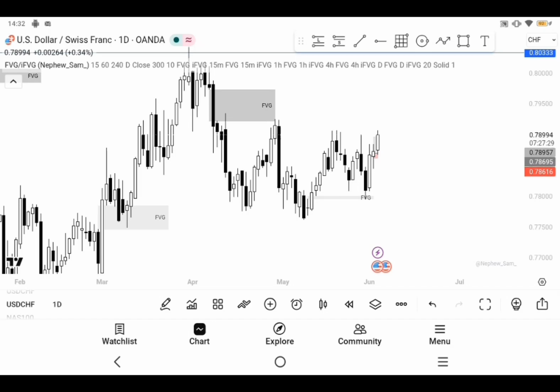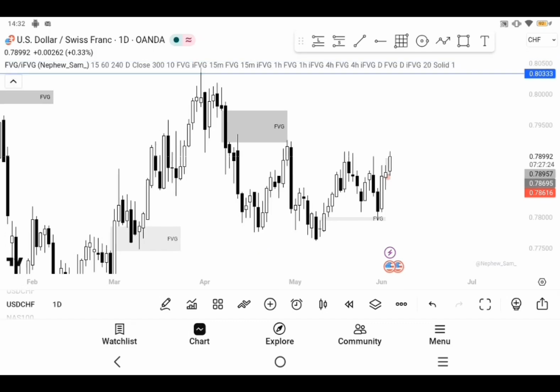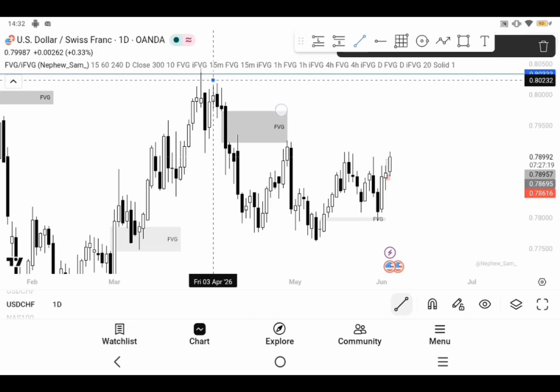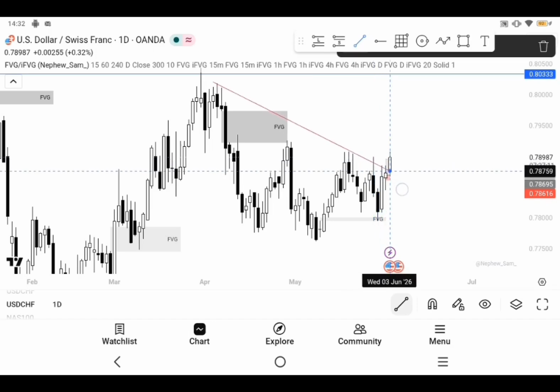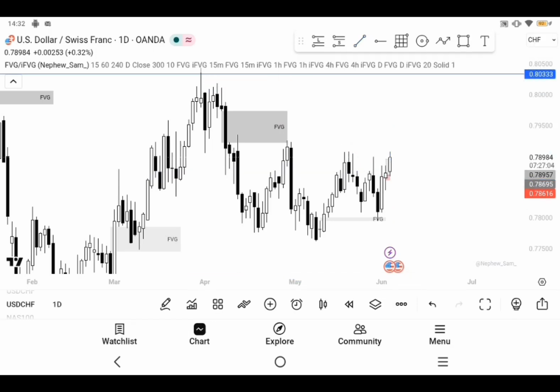First things first, if you use the trend line tool, you would see that the market has been trending downward. That is one way, but I usually don't use the trend line tool for such analysis.